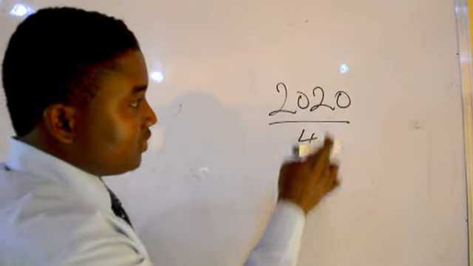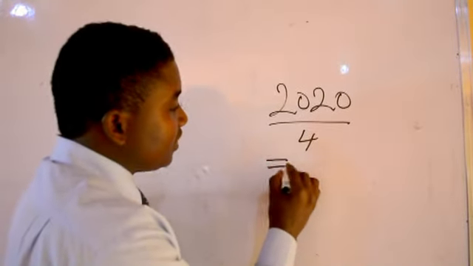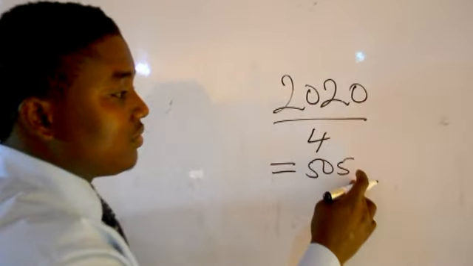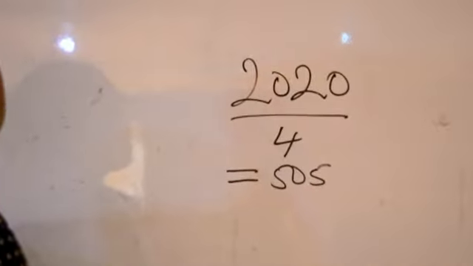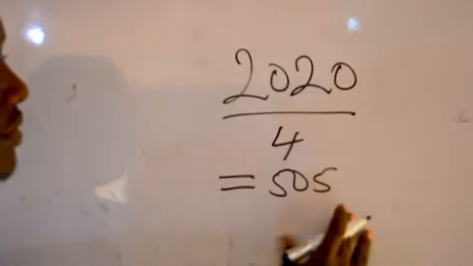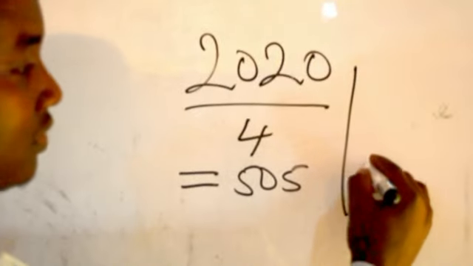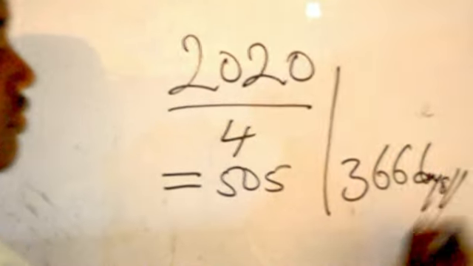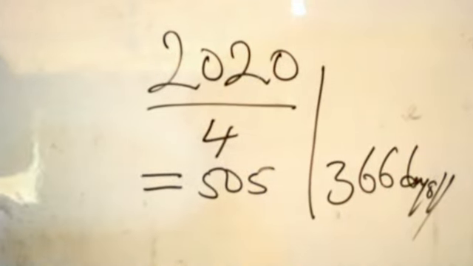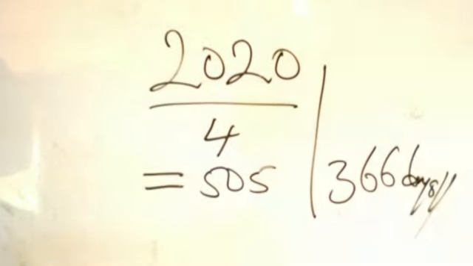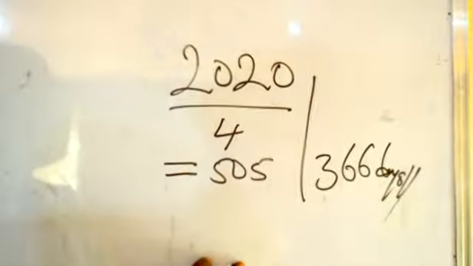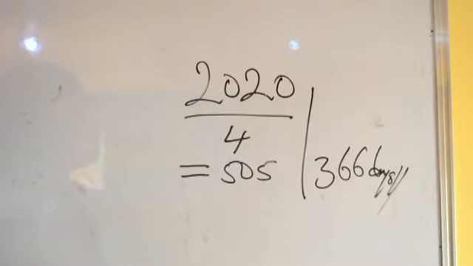By dividing the year 2020 by 4, the answer given is 505, which shows that the year is divided by 4 without any point or remainder. This means the days in the year 2020 is 366 days. This is because there is an additional leap day from the month of February of the year 2020. This indicates that the month of February 2020 has 29 days.